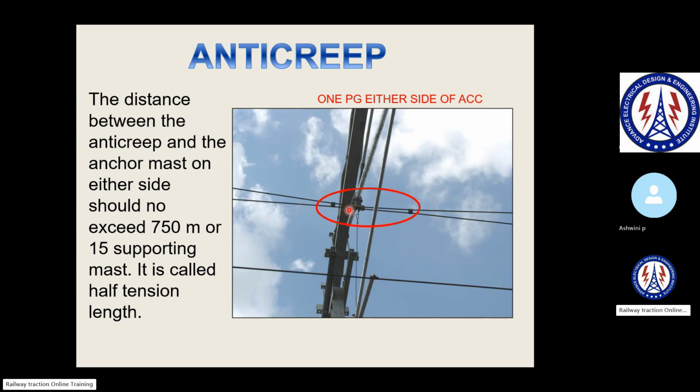So this is how the anti-creep will look. This is an anti-creep wire, and how it is holding over here. Let's see.